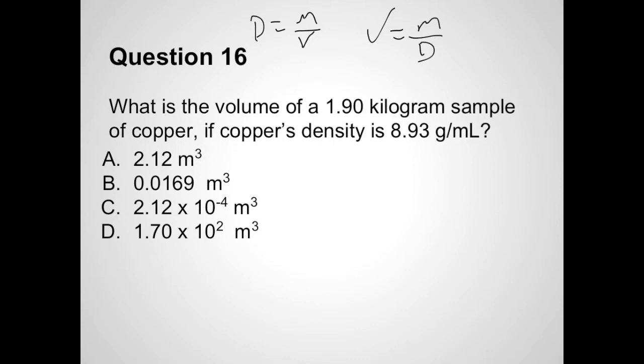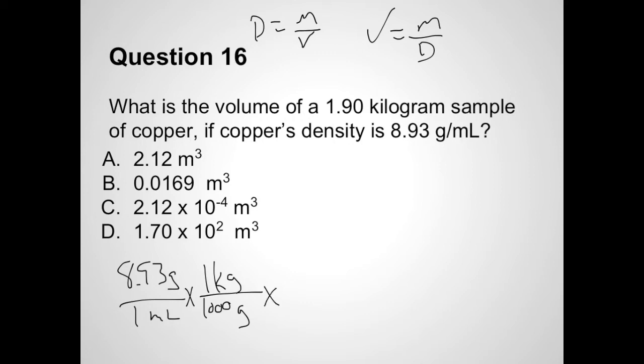So the first thing we want to do is figure out how many kilograms per cubic meter there are, as opposed to grams per milliliter. 8.93 grams per 1 milliliter, and then we know that there are 1,000 grams in 1 kilogram, so that takes care of the mass conversion. And then we're going to convert milliliters to cubic meters.